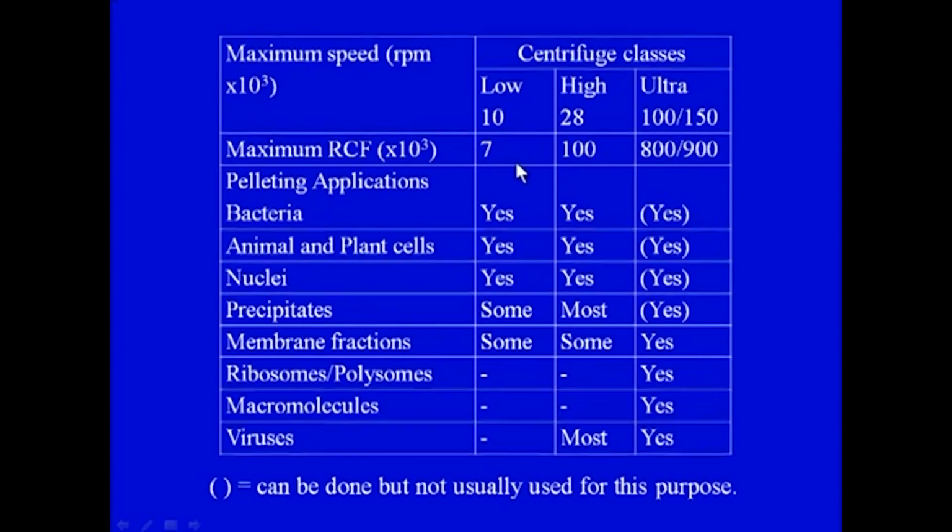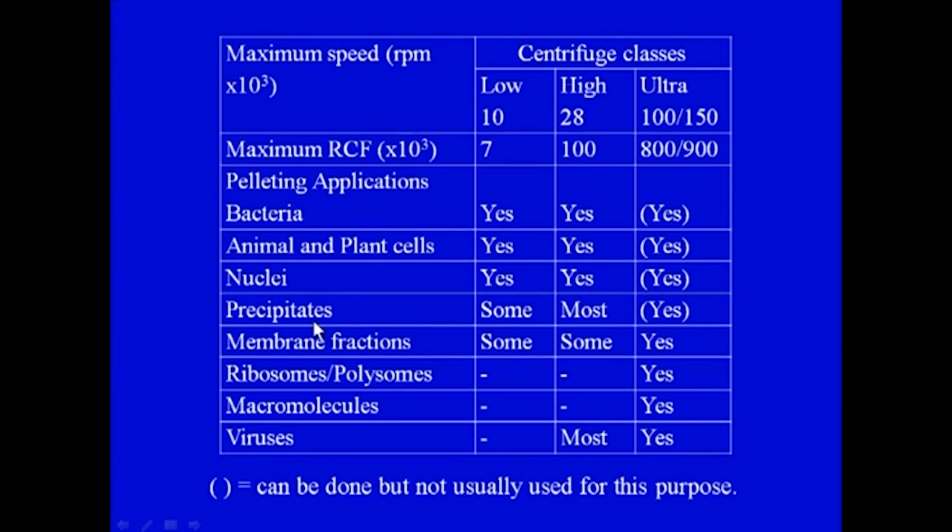What kinds of pelleting applications could be performed with these speeds? These are listed here. Bacteria can be pelleted at all of these, but you do not really require an ultracentrifuge for this, though you can do it; it can be done at low and high speed centrifuges. Likewise, animal and plant cells can also be pelleted up to high speed centrifuges.